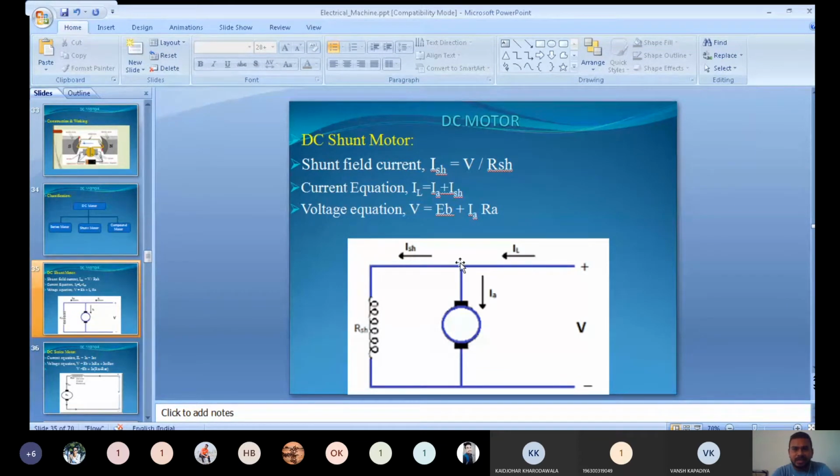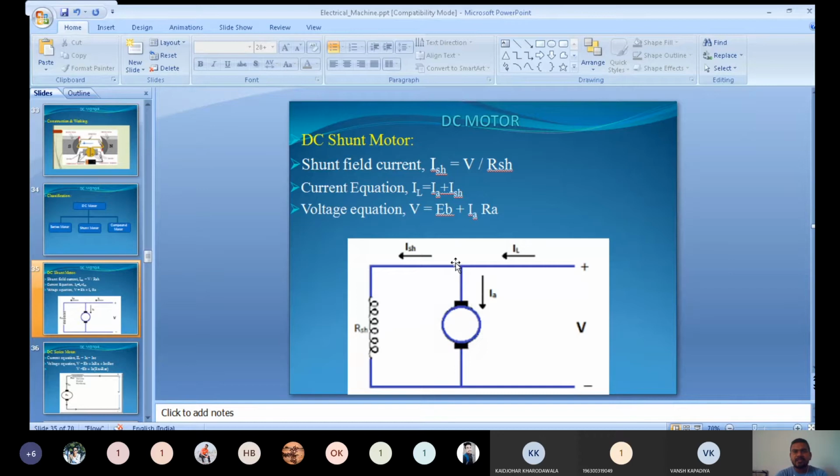At this point, the line current is divided into two parts: some part of the current goes to the armature winding and some part goes to the shunt field winding.